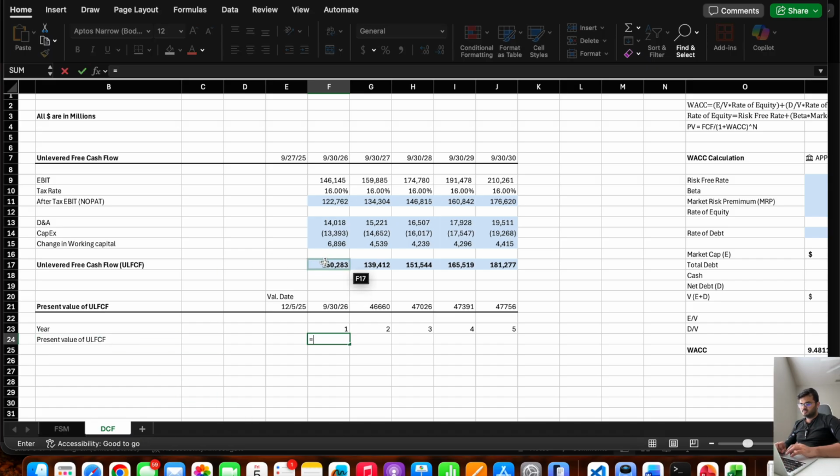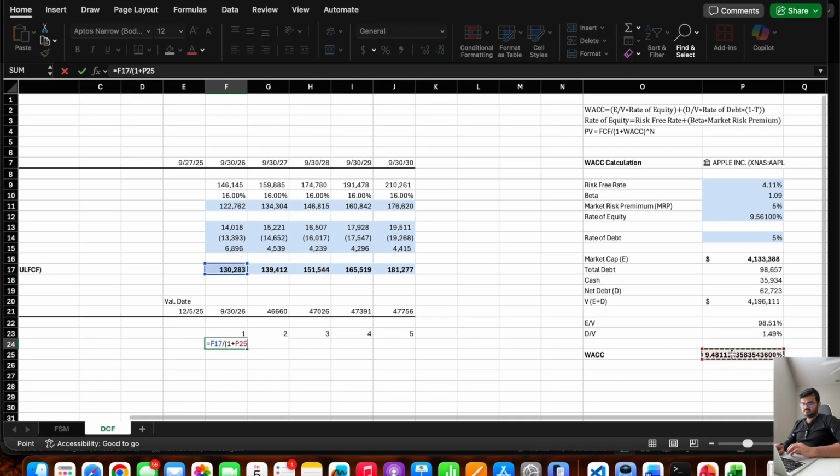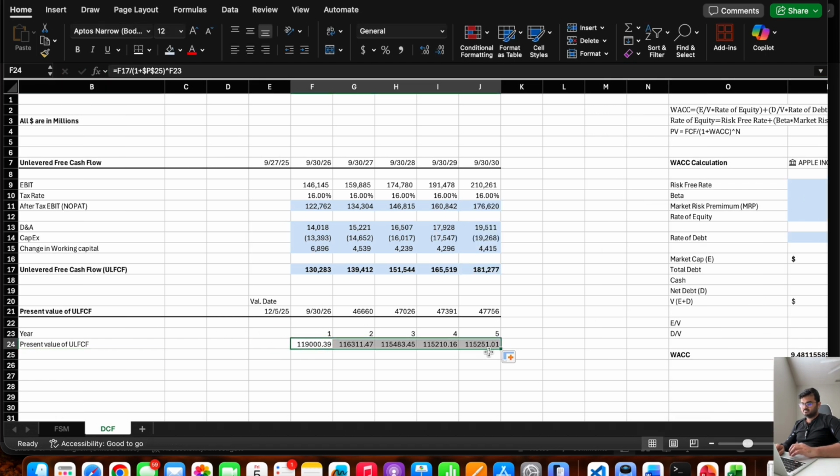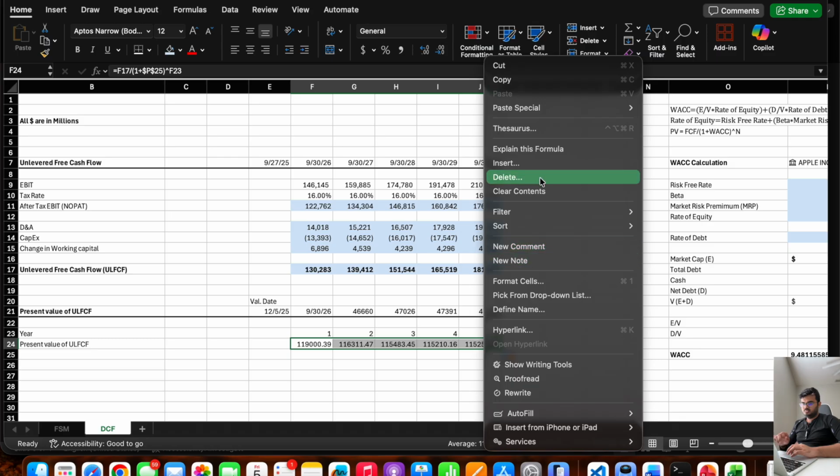Okay, so this number is going to be divided by 1 plus the WACC. I will fix the WACC because it is going to be a constant, to the power of this one. And now I'll do one more thing.